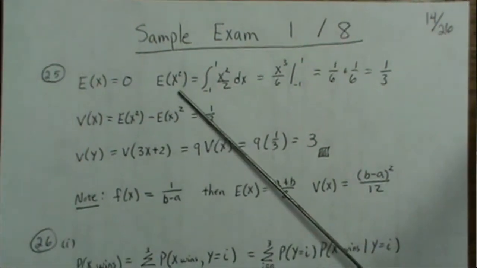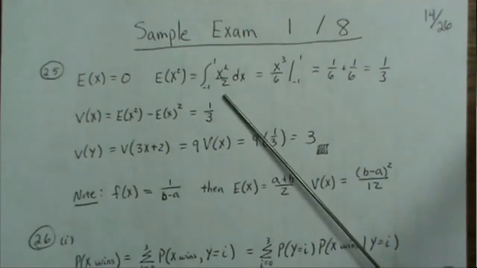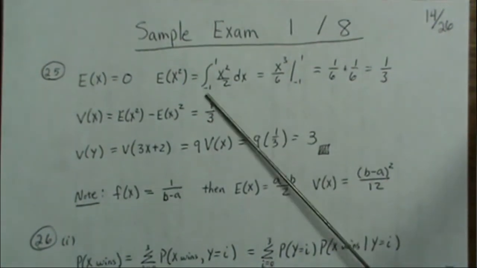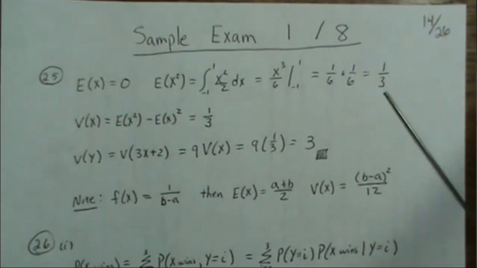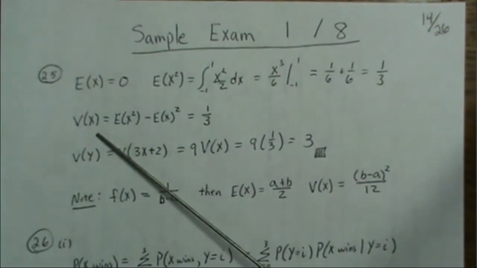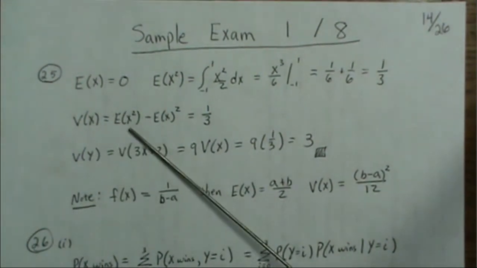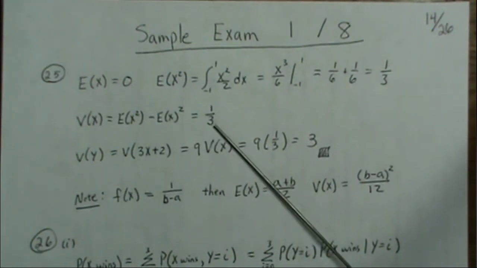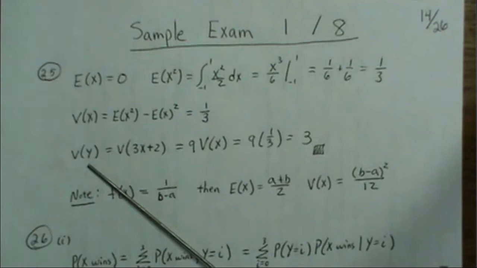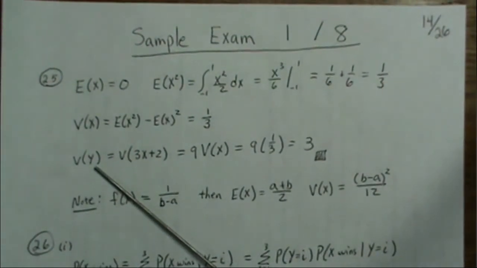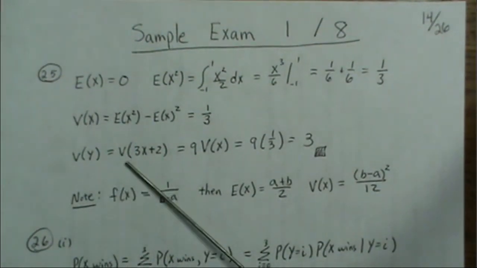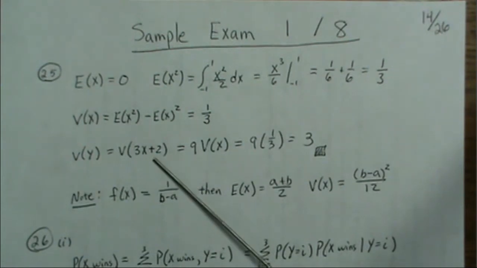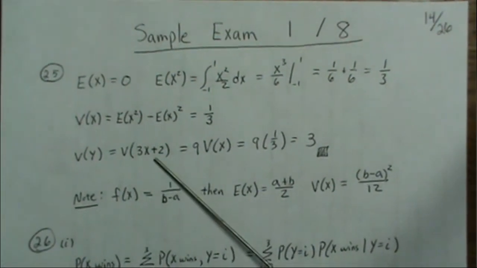The expected value of x squared, well, let's find it. And we integrate from -1 to 1, and we get 1/3. So the variance of x is expected value of x squared minus its mean squared, which is just 1/3. So now to find the variance of y, which is a linear combination of variables, so plug in the 3x plus 2.